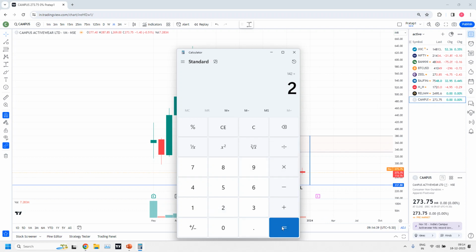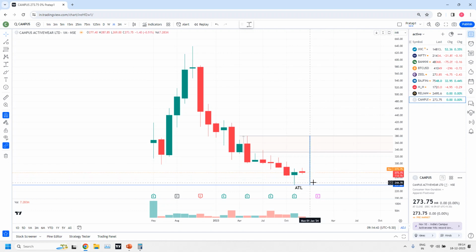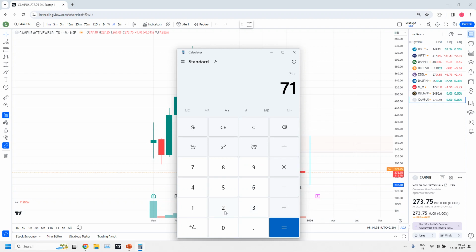So that's why divided by 2. So we got 71. And this 71 you need to add to the low of this all-time low value. What is this all-time low value? The low of this candle. That is 237.80 plus 71. Sorry.